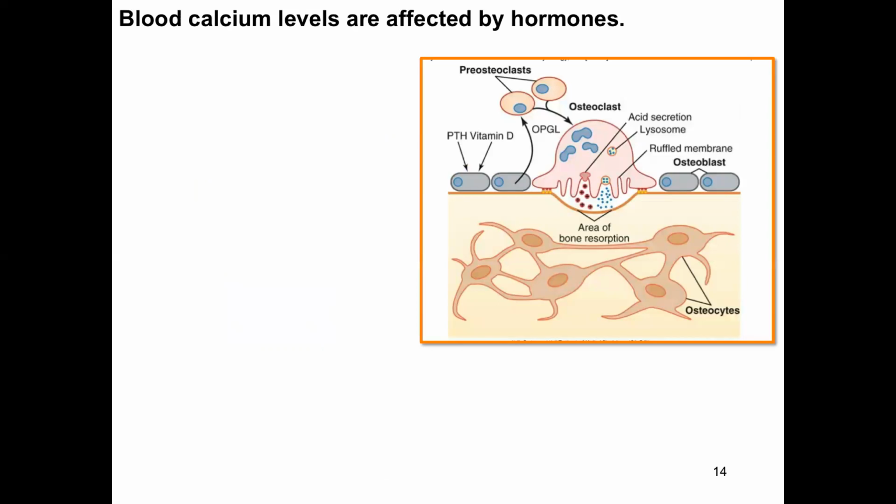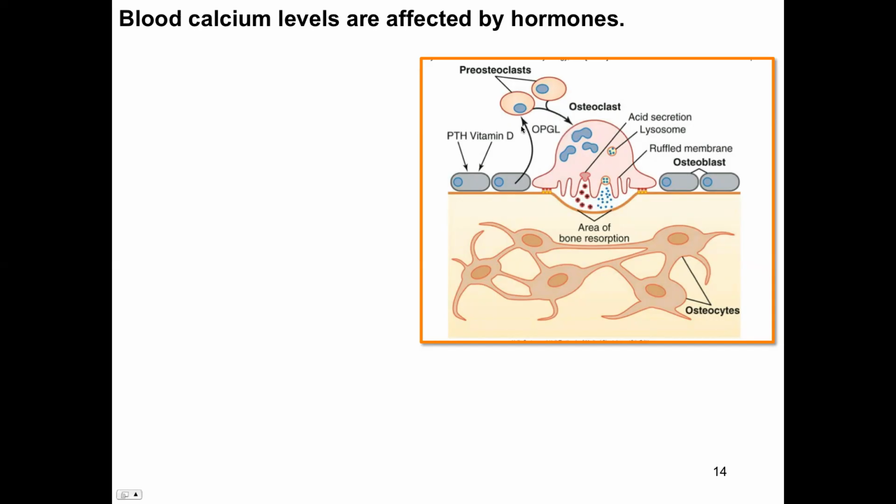Okay, so blood calcium levels are affected by hormones. So there's this whole idea of hormones that we have to talk about. In this picture, before I start showing the text, you can see it's talking about PTH, which is parathyroid hormone, and vitamin D, which is calcitriol, which is actually a hormone.